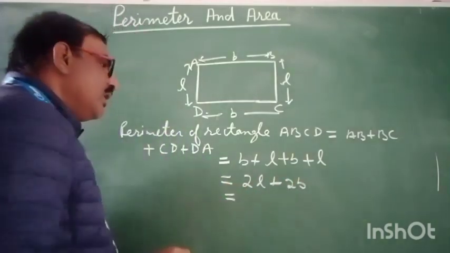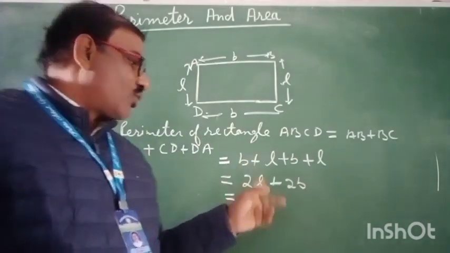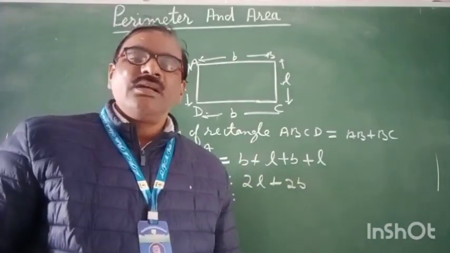So the perimeter of the rectangle will be equal to 2L plus 2B.